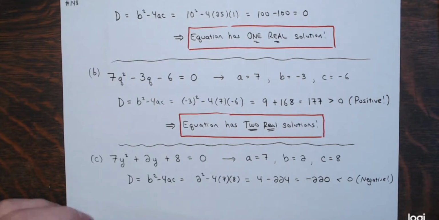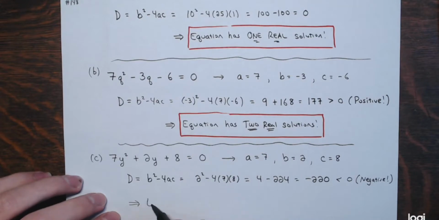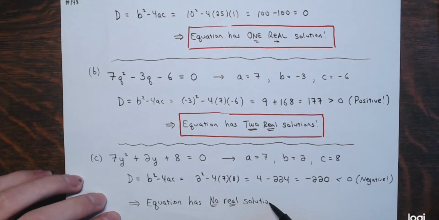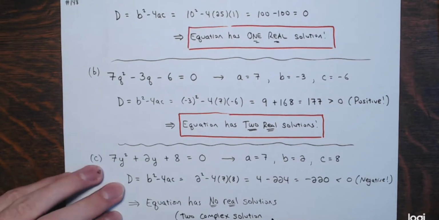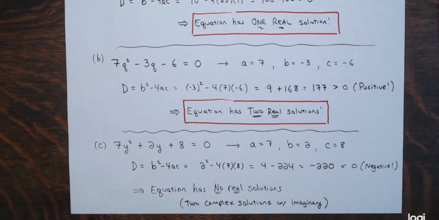Non-real. So the equation would have no real solutions. And another way to say that would be it has two complex solutions with an imaginary part. I'll just say complex solutions with imaginary. And I know in this text, I believe they just say two complex solutions if there are no real solutions.